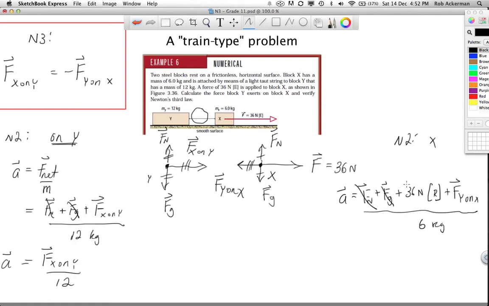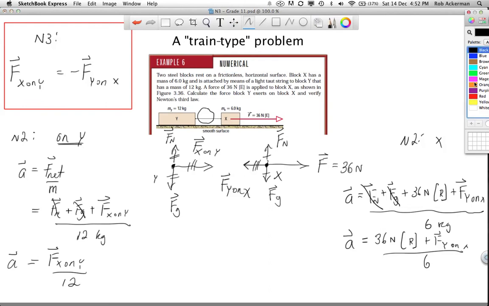Cancel the normal and gravity like I promised. Now, what have we got here? Let's just write this a little bit clearer. Actually, I should write that in the same order just to keep things clear: 36 newtons to the right plus F of Y on X, divided by 6. Now, let's have a look at exactly what's going on here.